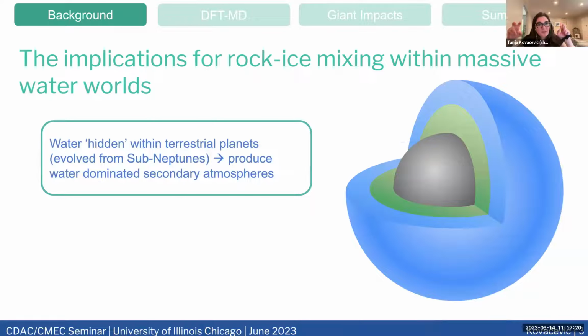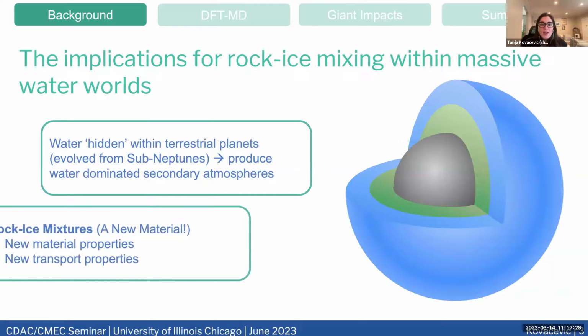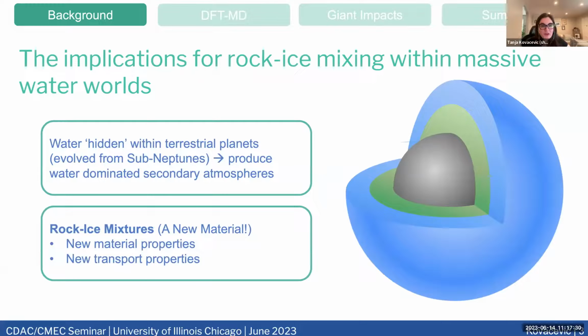These once sub-Neptunes, now super-Earth-sized planets, could produce water-dominated secondary atmospheres, which is very important. And in general, a rock-ice mixture is a new material, and the material and transport properties are going to differ from rock and from water alone, and they're crucial to understanding planet dynamics and evolution.